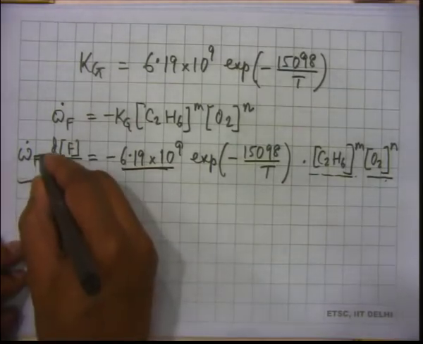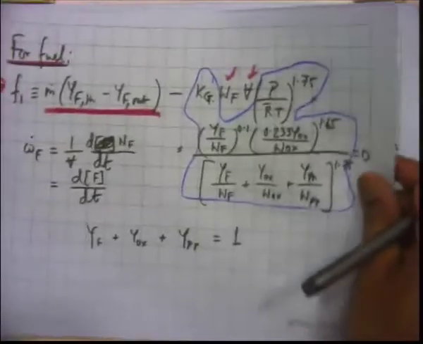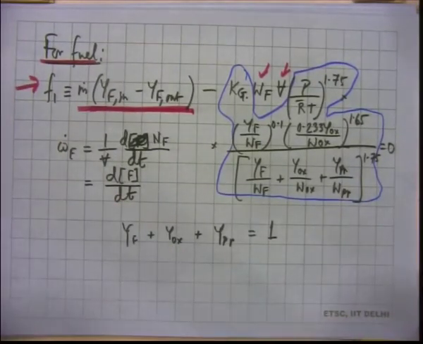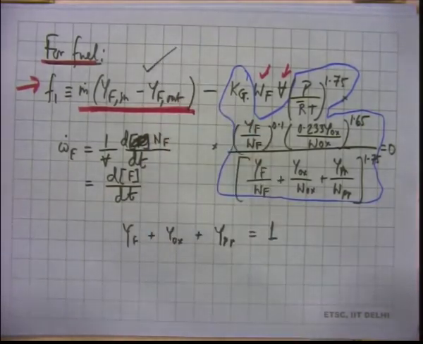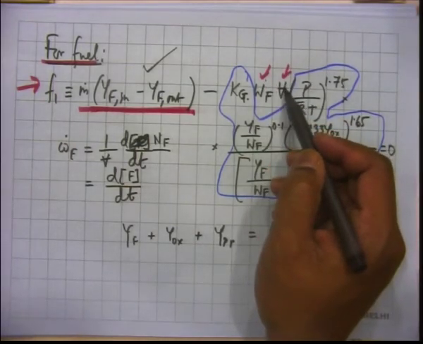So, this is the expression for omega dot f. What were we discussing few minutes back? We were discussing species equation. We are trying to get the species equation for fuel. So, this is what we had. We said that this term is easy. We said that this Wf and volume we understand, correct.